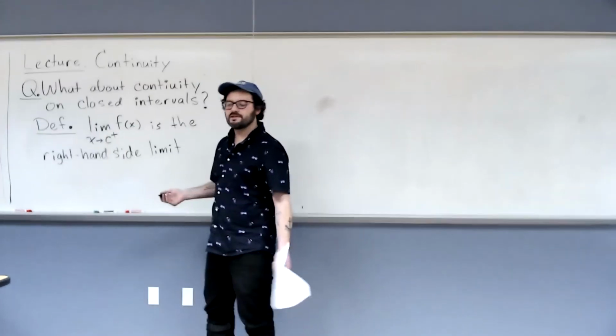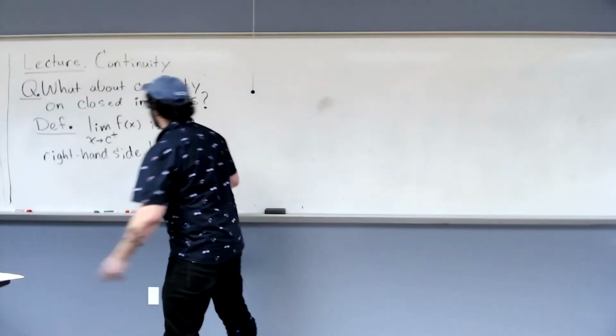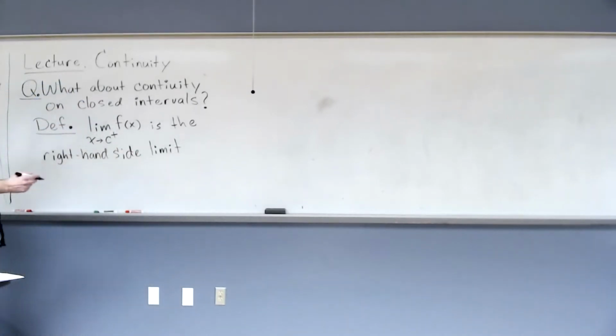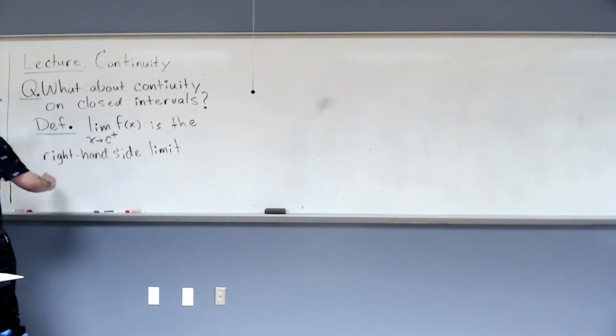Okay, and what does this mean? It means, well, it's the limit of f of x as x approaches c from the right, right? So x is greater than c.